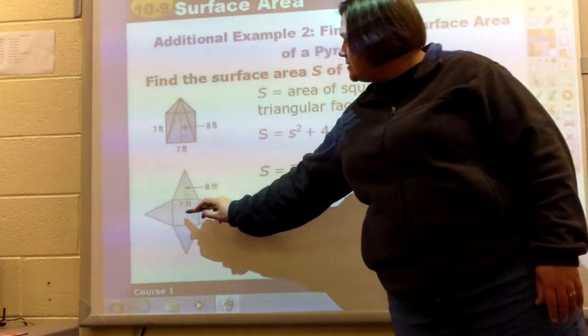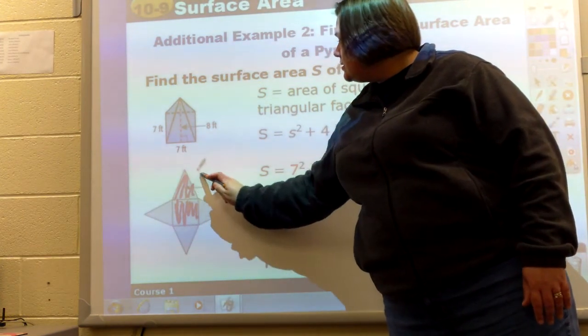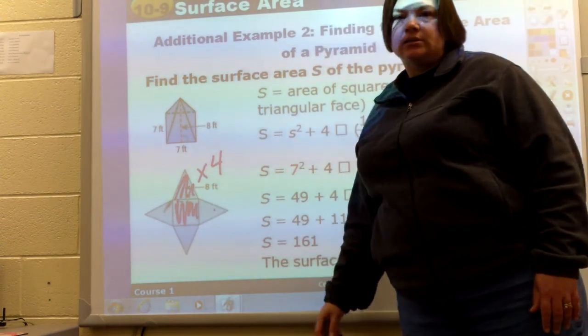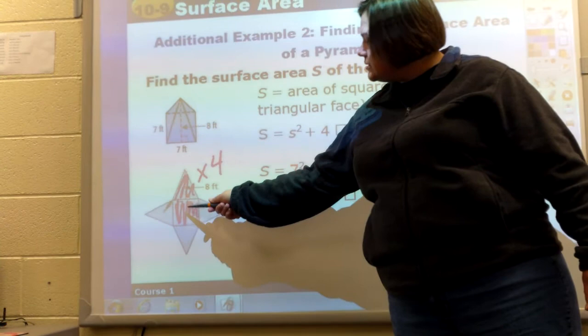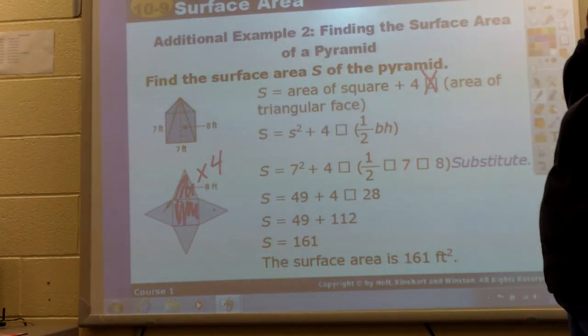So you're going to find this, and then find the triangle times 4, because there's 4 of them and they're all the same size.